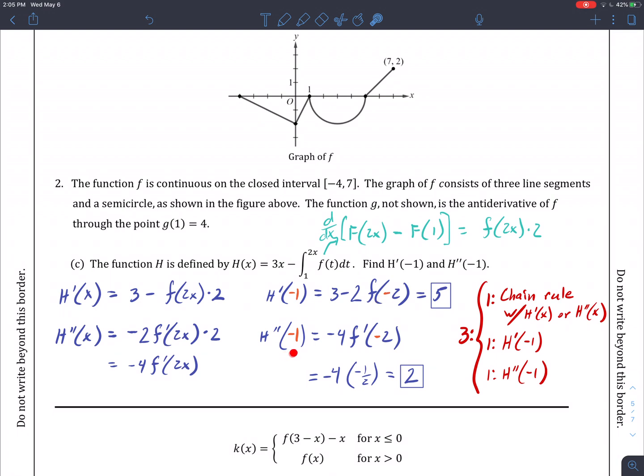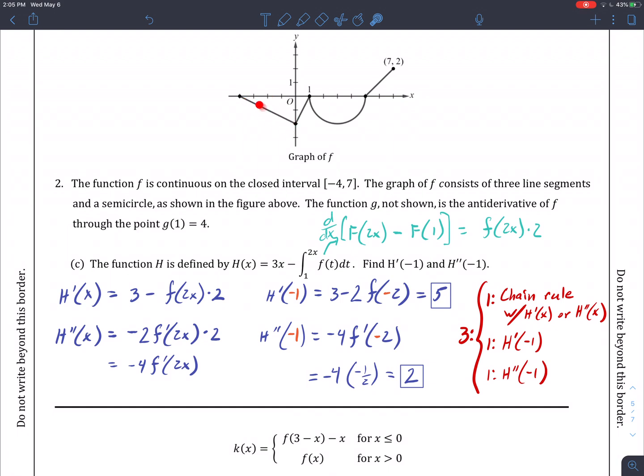And then here I plug in -1 into this formula, -4 f prime 2x, and I get -4 f prime of -2. Again, we said -2 was -1, so I put, I'm sorry, no, back up. This is f prime of -2, and f prime requires I look at the slope of the graph at -2.